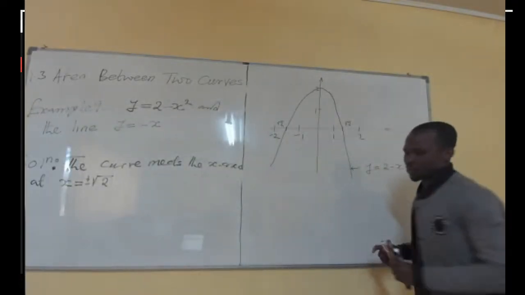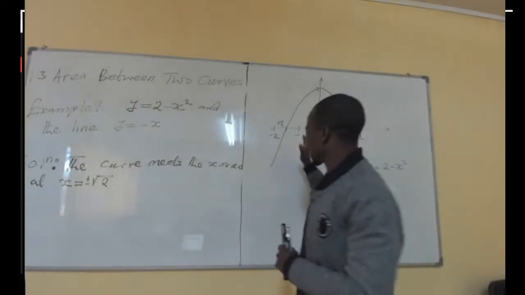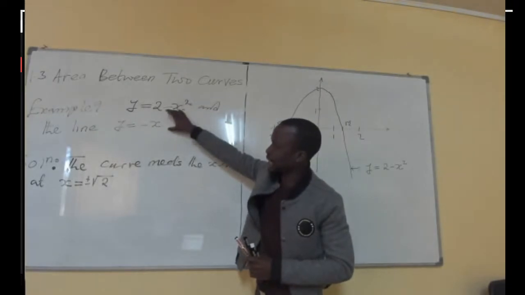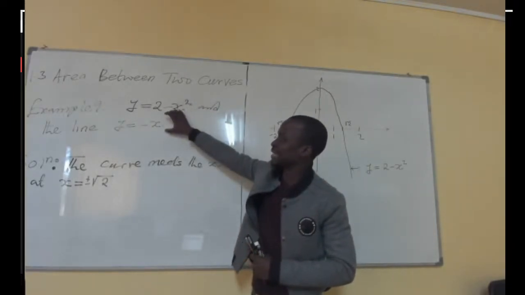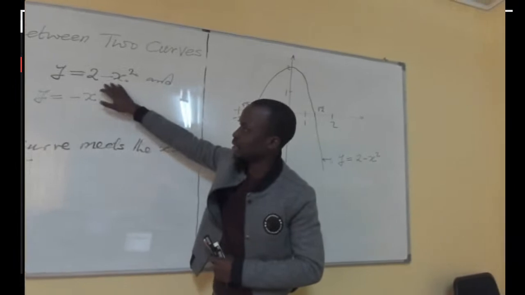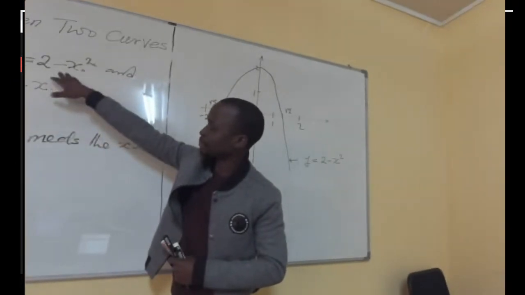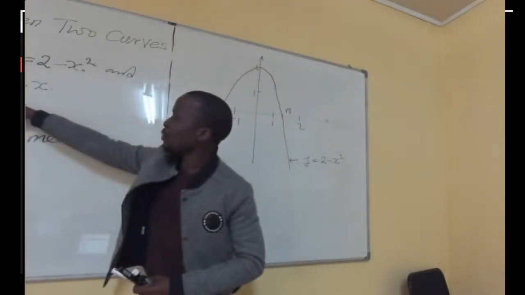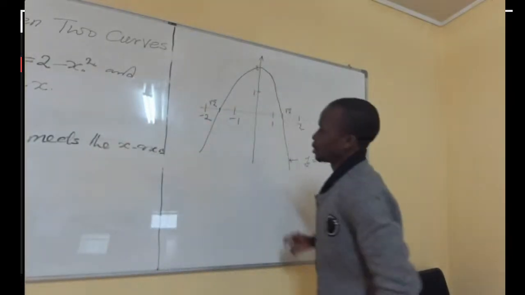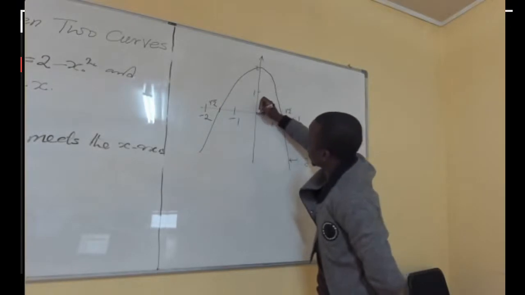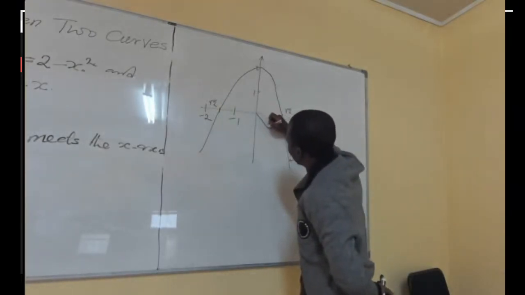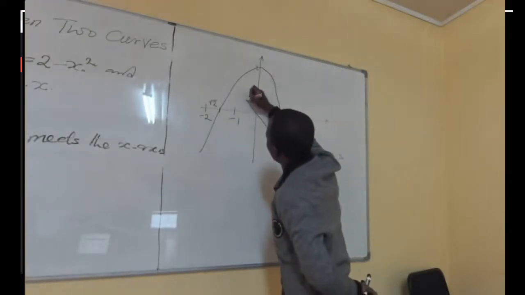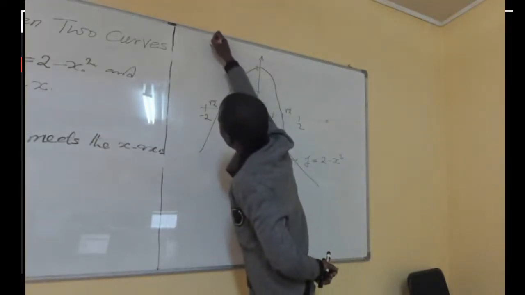Now, after you've sketched the first curve, remember that the region they are asking you to find the area of is bounded by two curves, the linear curve and the quadratic curve. So the line y equal to -x is a straight line that passes through 0.